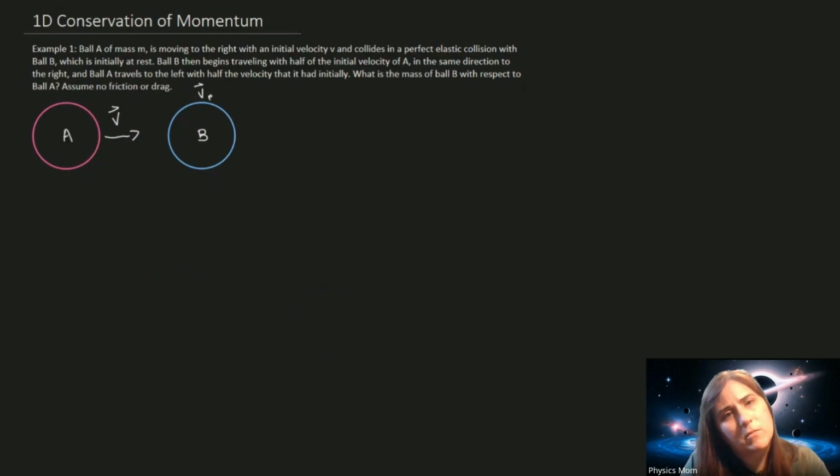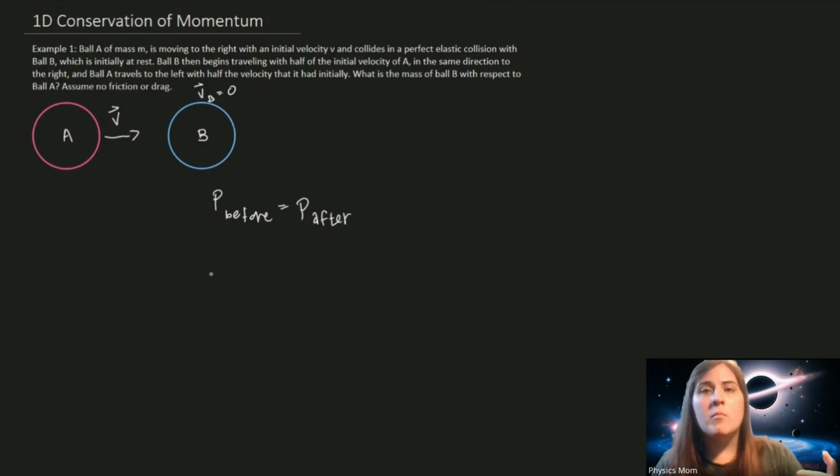V equals 0. Okay. The way I set up conservation of momentum equations is: the momentum before the collision is going to equal the momentum after the collision. So what is the momentum before the collision?